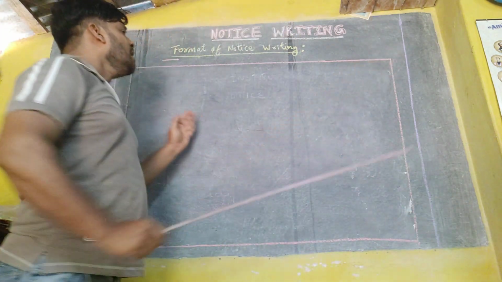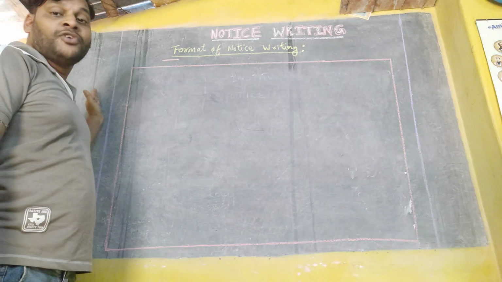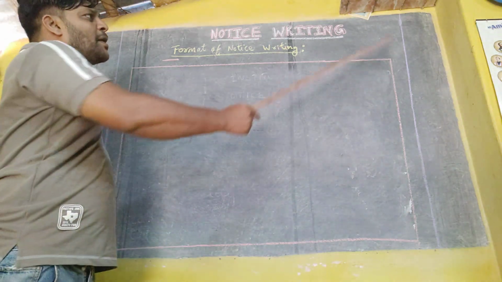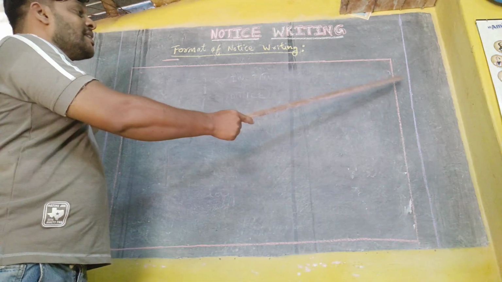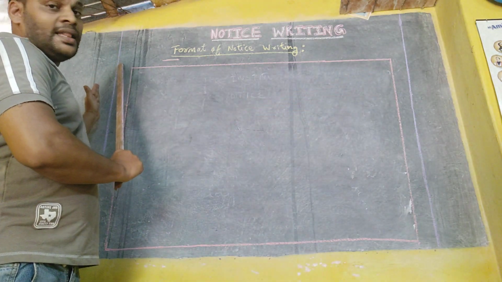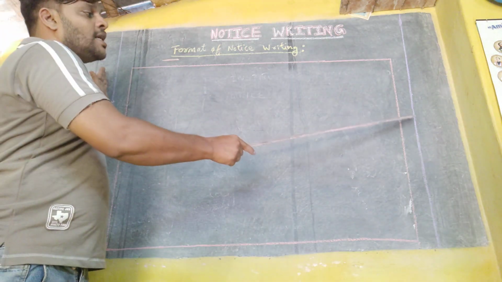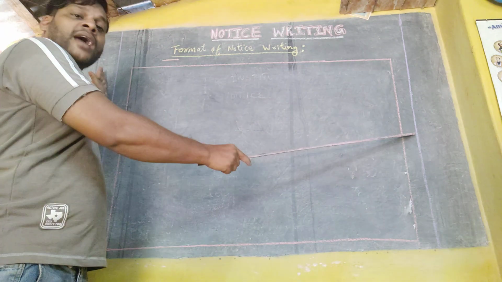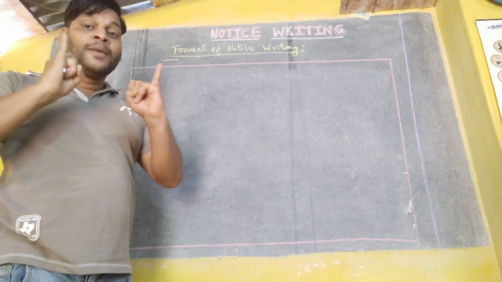This purple line indicates the left margin of your notebook, and this purple line indicates the end of the page of your notebook.